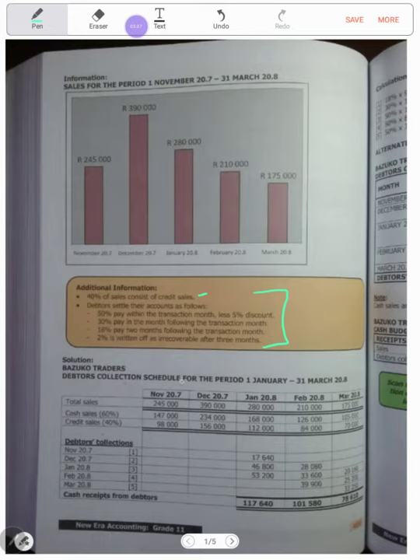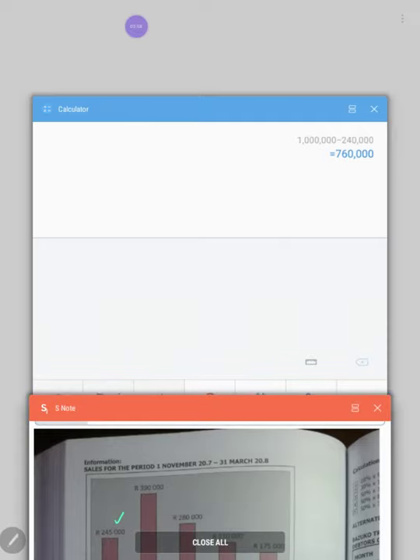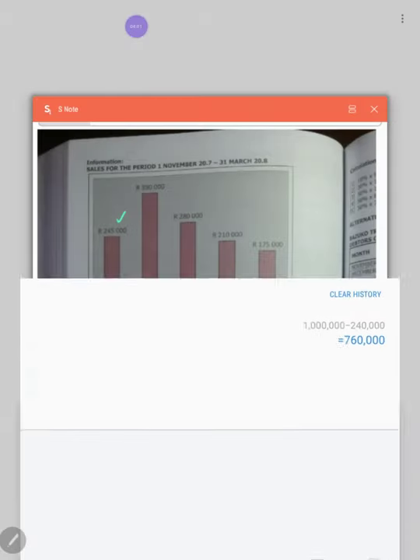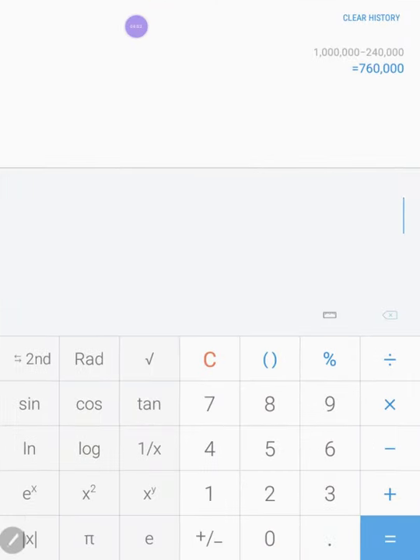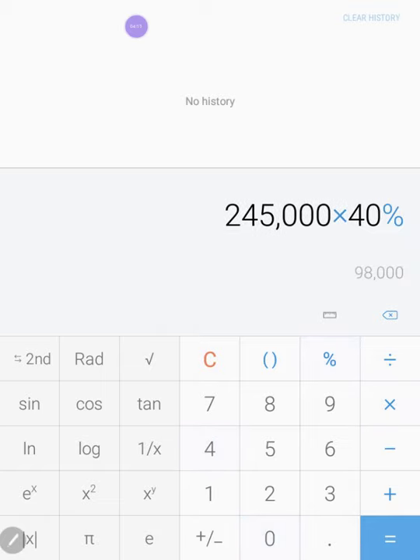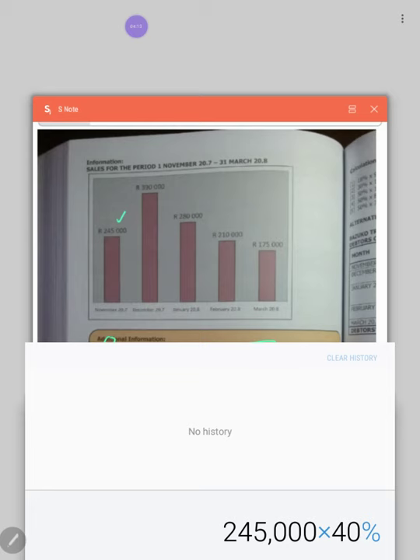Okay, so you'll see that we have the tables here. There's November, December, Jan, Feb, and March. Our total sales in November is 245,000. And there's our 245,000. If you have to work out the 40% of credit, let us go and work it out. 245,000 times 40%, our credit sales will be 98,000.